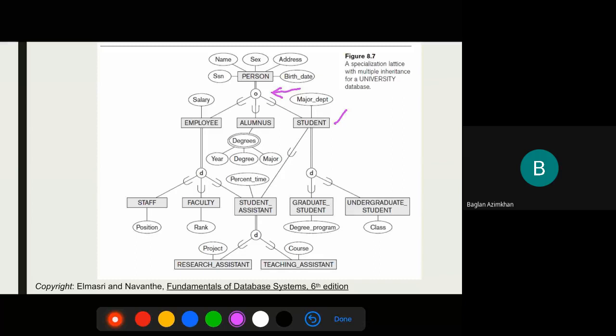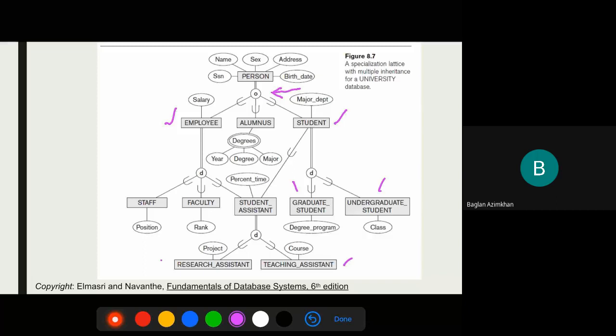But all the other ones, you can't be at the same time. You can't be a graduate student and an undergraduate student at the same time. You can't be a teaching assistant and research assistant at the same time. You are one or the other. But this, only the top one is an example of that.